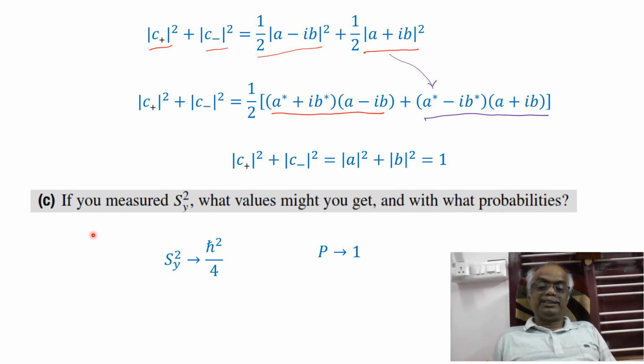Naturally, Sy is equal to plus or minus h cross over 2, so if you square it, you get h cross squared over 4. Naturally, the probability must be 1. So the Sy squared eigenvalue is h cross squared over 4 with probability 1.